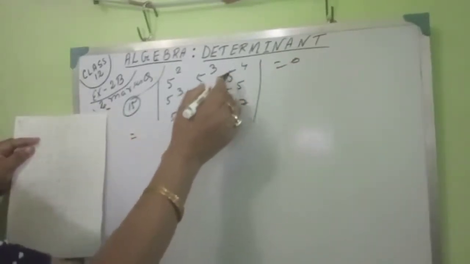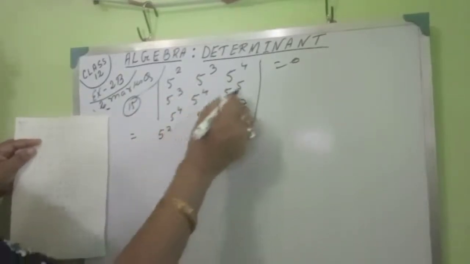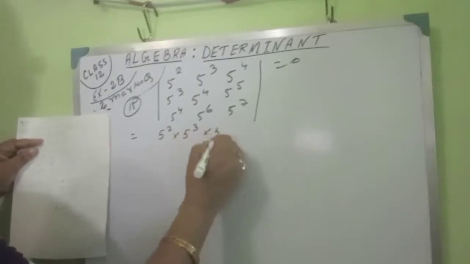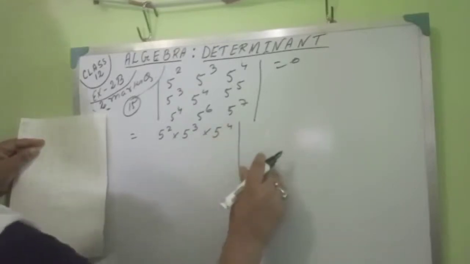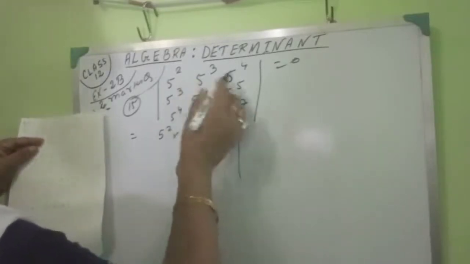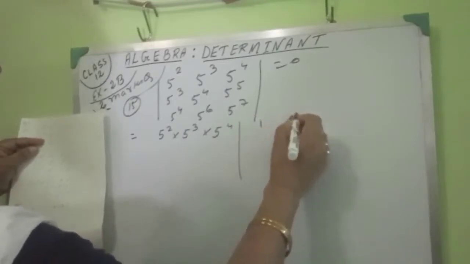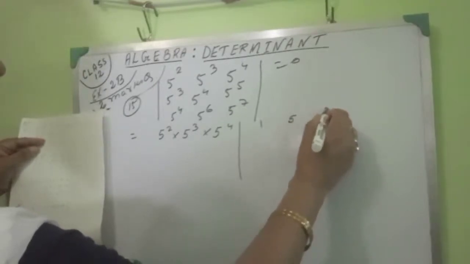From the first row we can take common 5². From the second row we can take common 5³. And from the third row we can take common 5⁴. Then what we will get? 5² taken out, so it is 1, then 5, then 5².